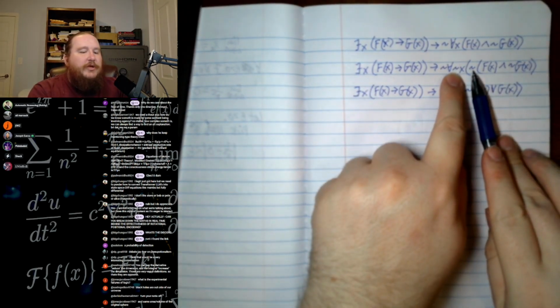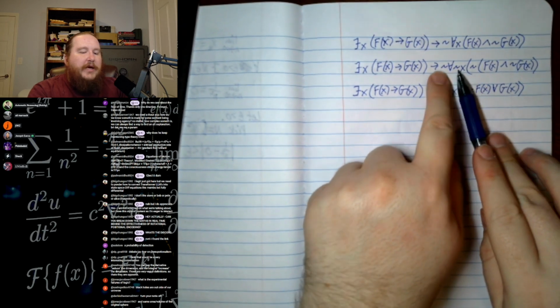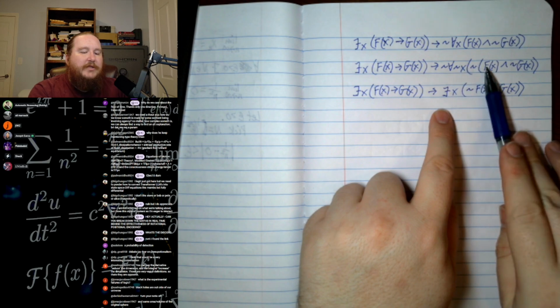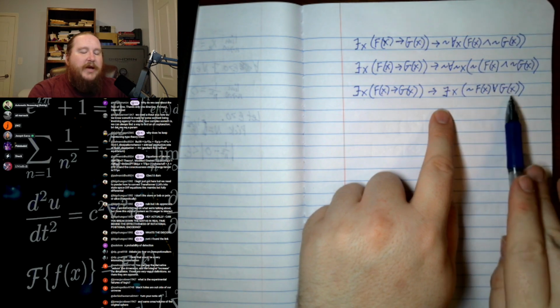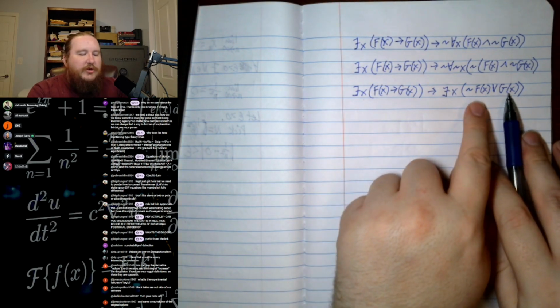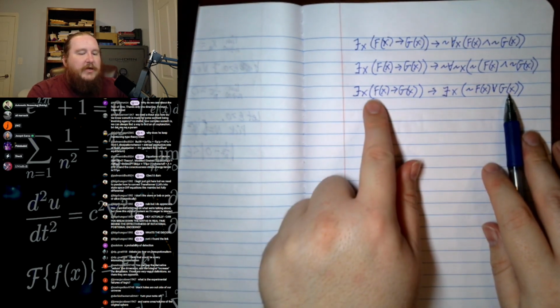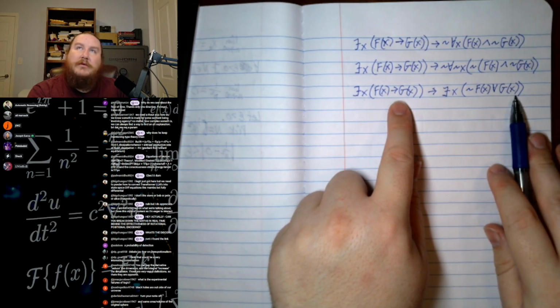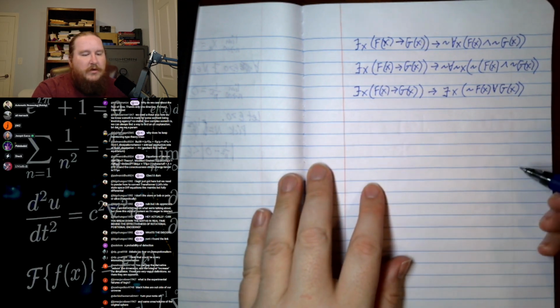So I just threw in a not and a not, and then not for all not is a there exists. Then this not distributes, and you get not f of x or g of x. I'm pretty sure this is equivalent, right? Isn't f implies g the same as not f or g? Yes, if not f then g.